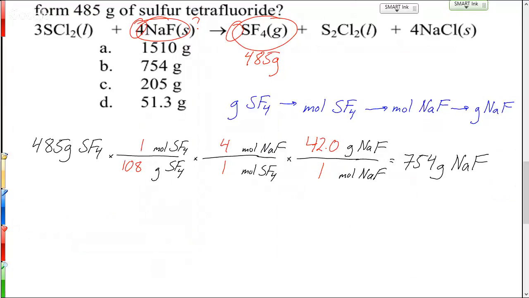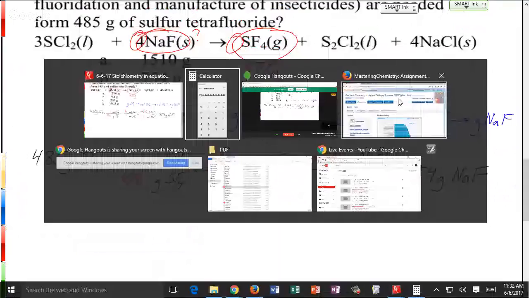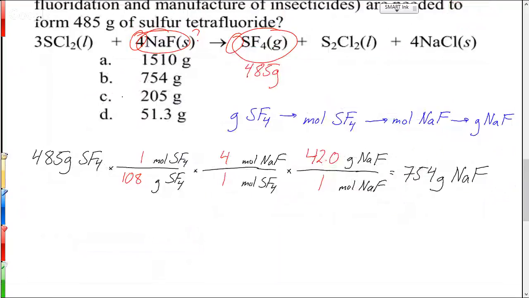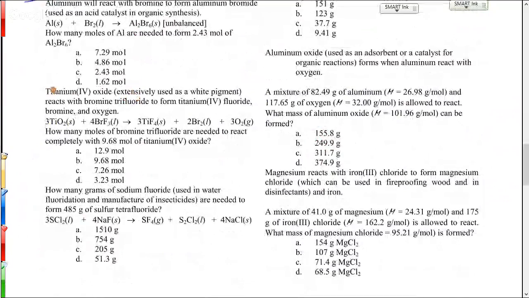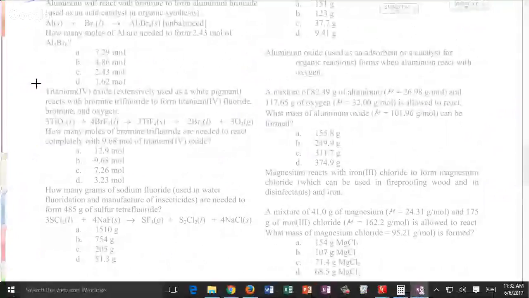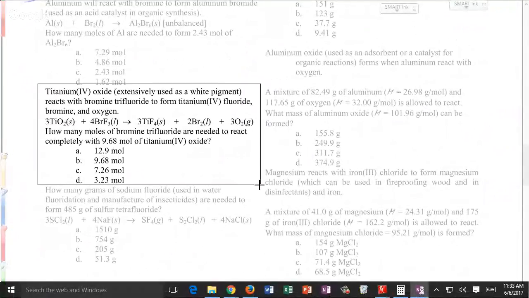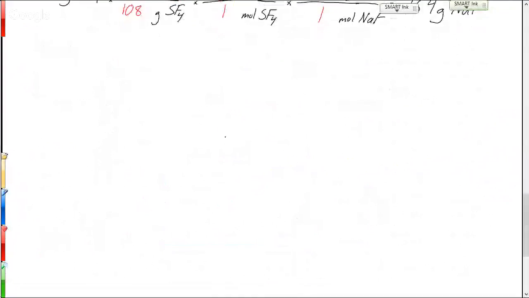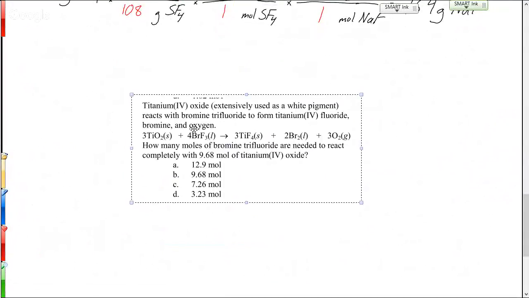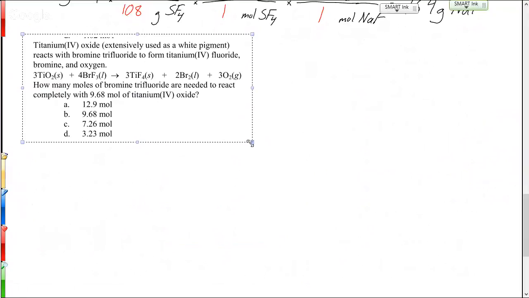All right. Let's look at one where we're not looking for grams, we're looking for moles. It's actually a little bit simpler, but let's see if you can make the adjustment without my specifically telling you how to do that. So we're going to look at the one right above it here. Same type of question.